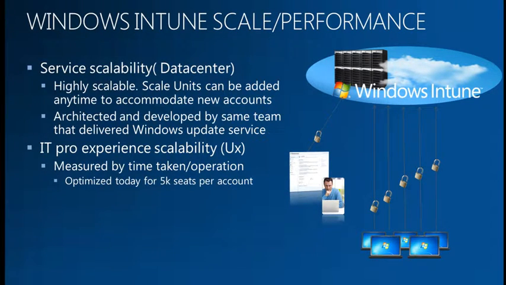And all we need to do is bring up an additional scale unit to support multiple customers. So we can really scale to support millions of customers. So that is not a problem. The one other thing we want to emphasize is that for every customer, we have certain performance characteristics which we want to meet when it comes to the IT Pro experience.